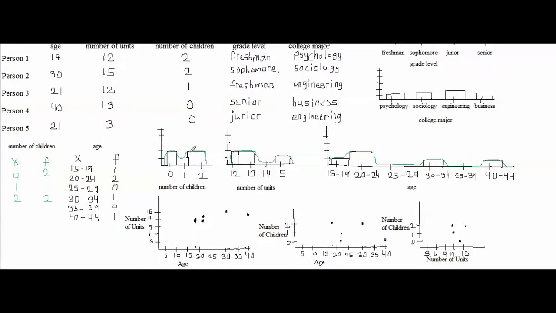When we were covering histograms, we talked about the different types of shapes that you can see in a histogram. We talked about the normal distribution, and we talked about skewness and kurtosis. Now we'll talk about the different types of shapes that you can see in a scatter plot. And the shapes that you can see in a scatter plot aren't the same shapes that you see in a histogram, because a scatter plot is showing 2 columns of data, and a histogram is showing 1 column of data.